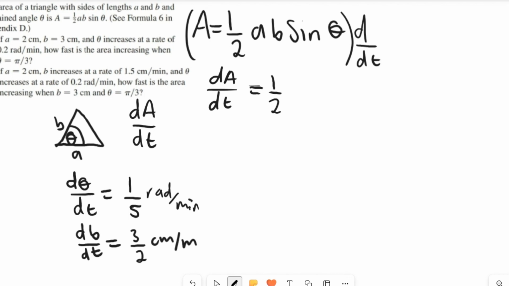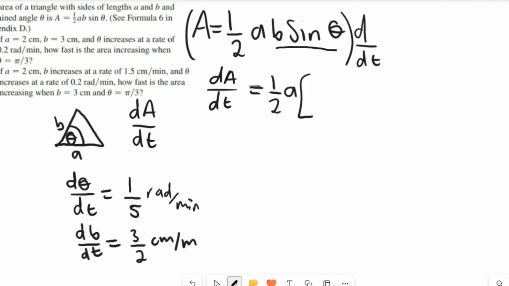You put it here, A, and then you differentiate B and sine theta with respect to time. You're going to deal with them as a product, because they are a product here. So you're going to apply the product rule. Differentiate B with respect to time, let sine take a break, and you get 1 dB dt.